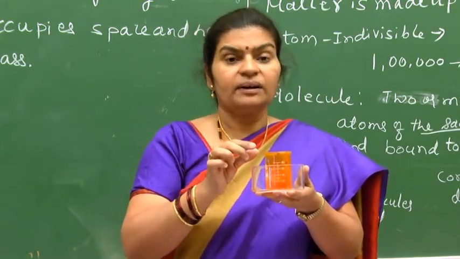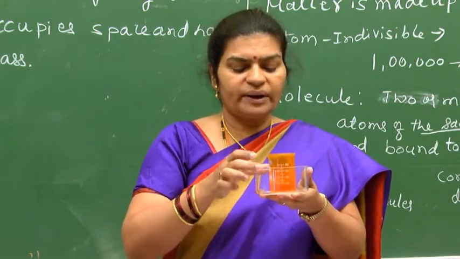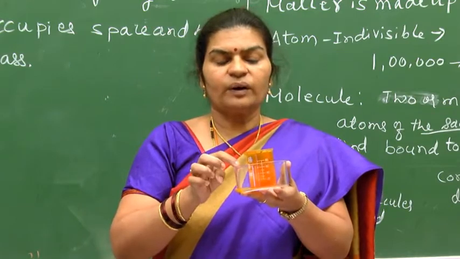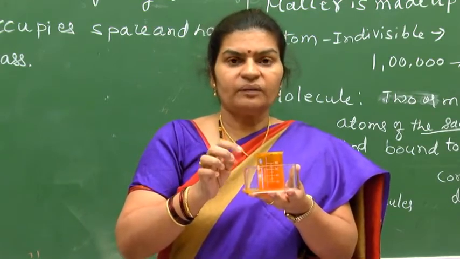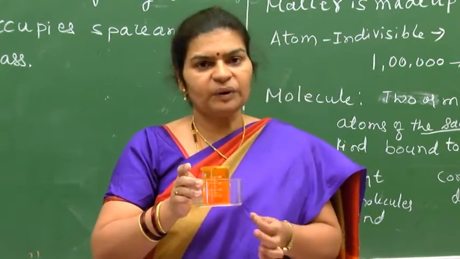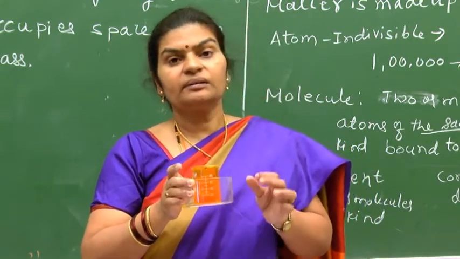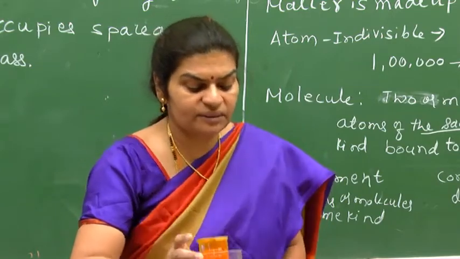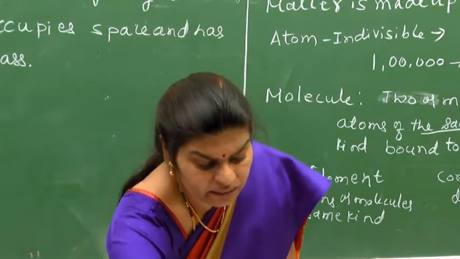Because of that, some amount of water is going to get spilled. So here we are going to see the amount of liquid coming out. By this, we come to say that matter occupies space.